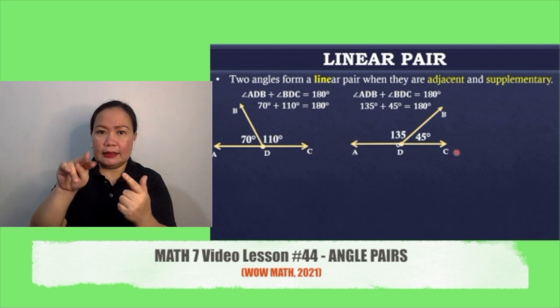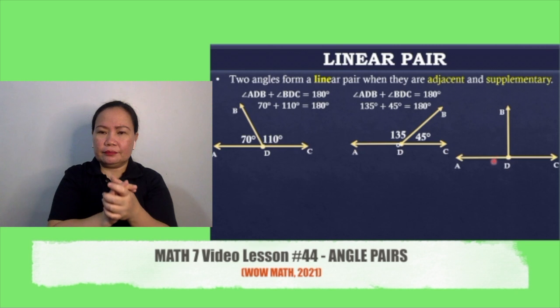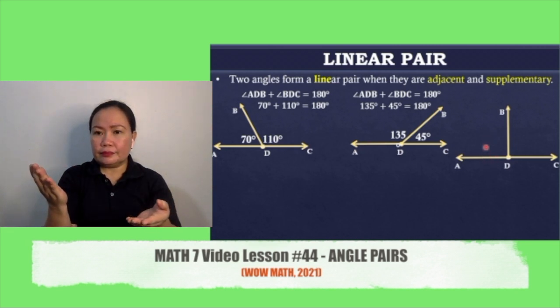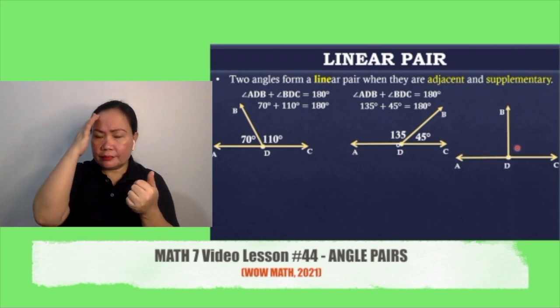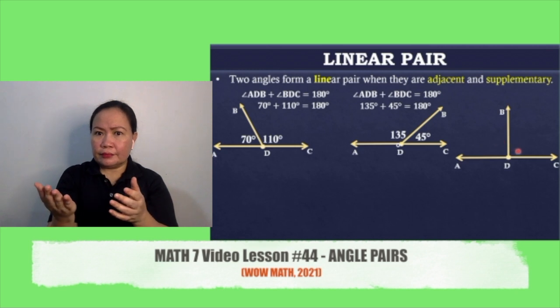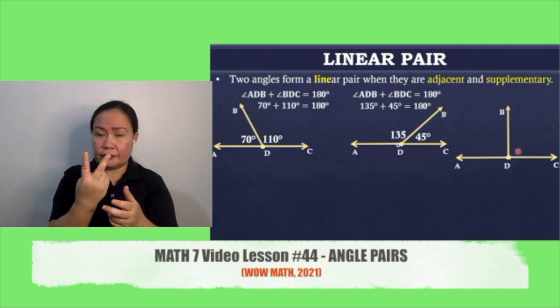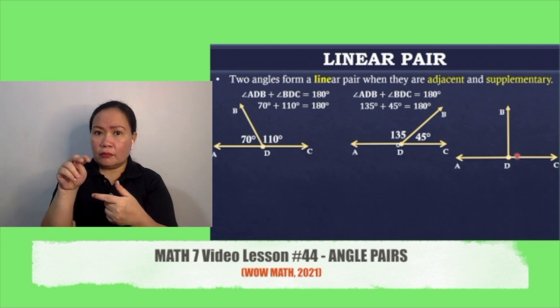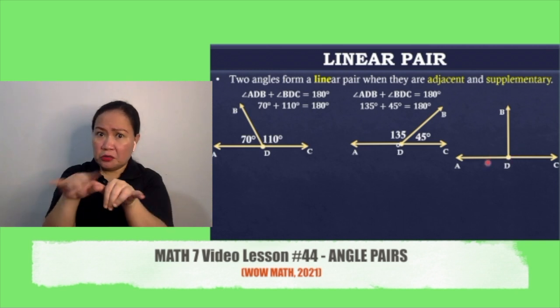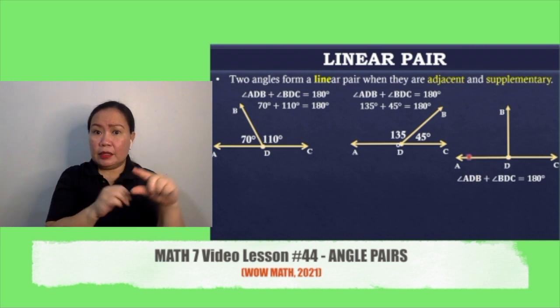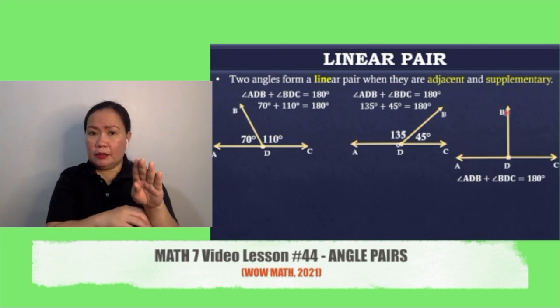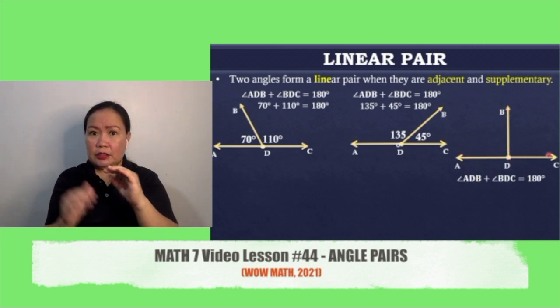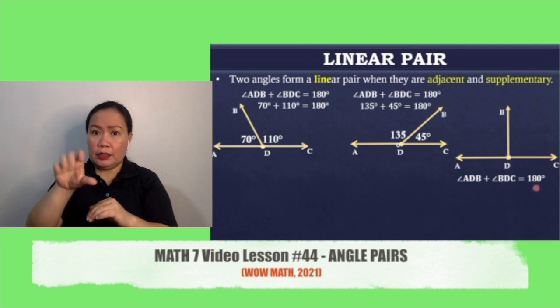Now, I have here another example. In this example, how will you know that these two angles are supplementary? Paano natin malalaman? Wala naman siyang measure. So, sinabi dito that angle ADB and angle BDC are supplementary, is equal to 180 degrees.